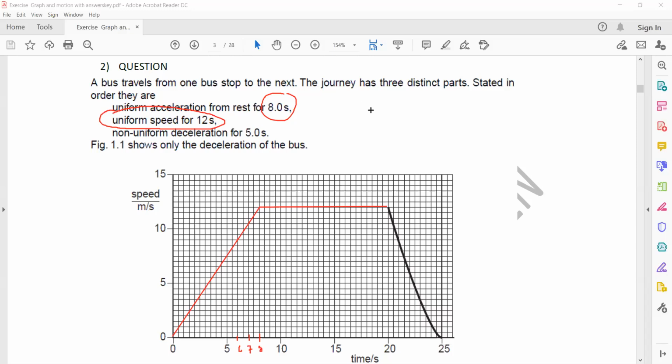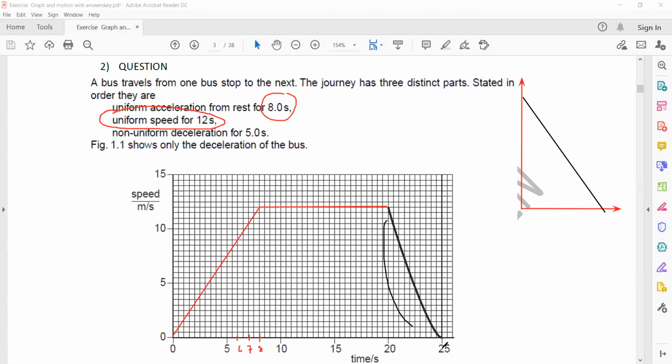You don't have to draw a uniform deceleration. Uniform deceleration means constant deceleration, but in the question it is already drawn. If there was a constant deceleration, there should be a straight line like this. This is called constant deceleration. But in the question, the third part is already drawn for you.